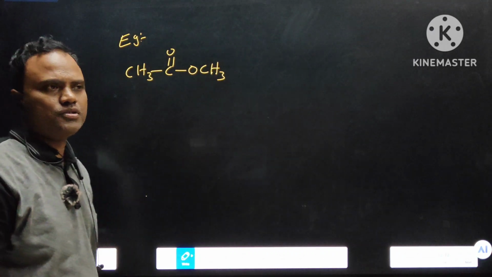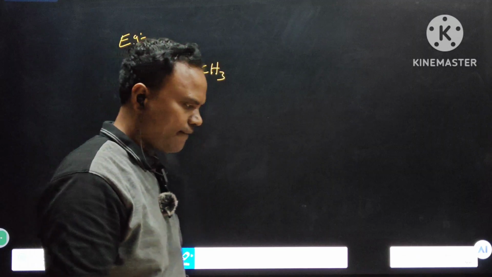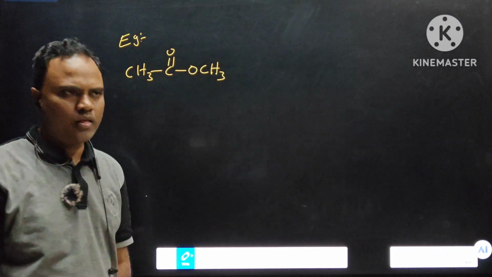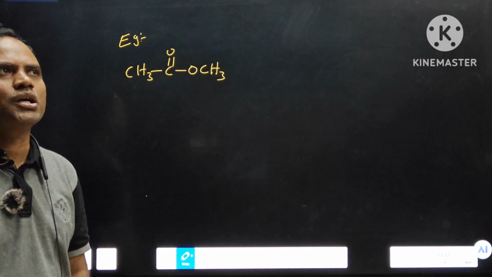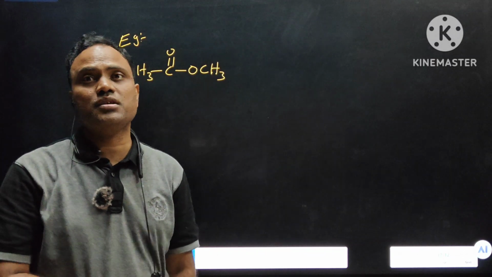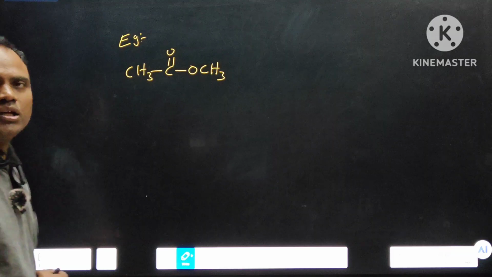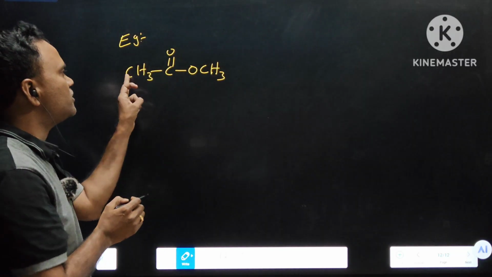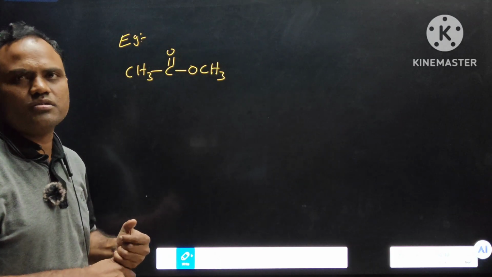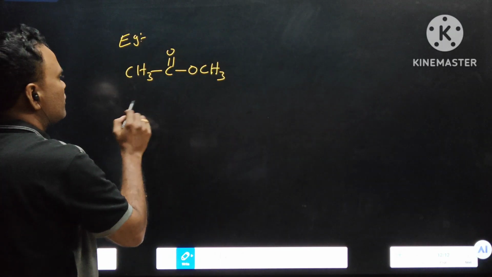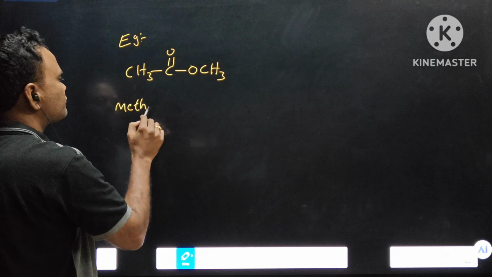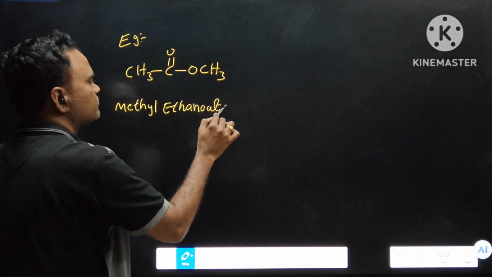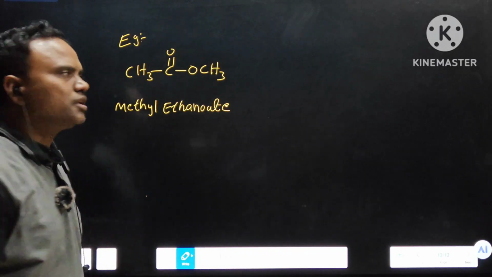What is the name of the ester? No, that is for ethers. For esters, alkyl alkanoate, methyl ethanoate. Here 2 carbons are there, 1, 2. Watch esters nomenclature once. Methyl ethanoate.